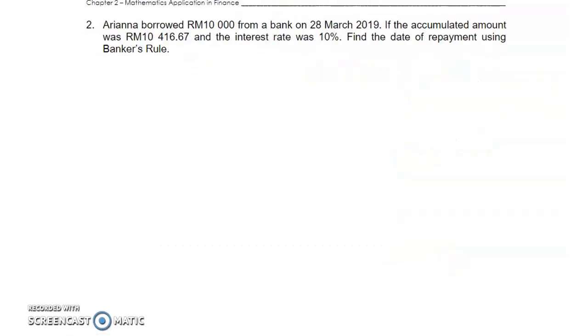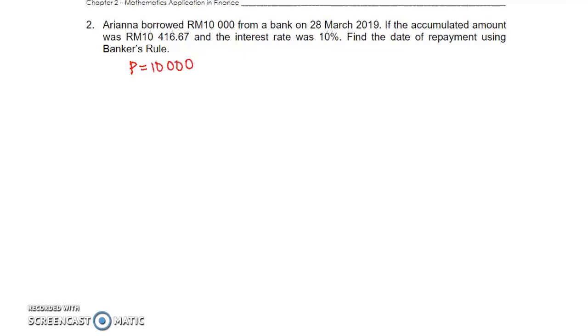Okay, now let's look at number 2. Ariana borrowed 10,000 from a bank on 28 March 2019. So she borrowed 10,000, so 10,000 is value P, principal.